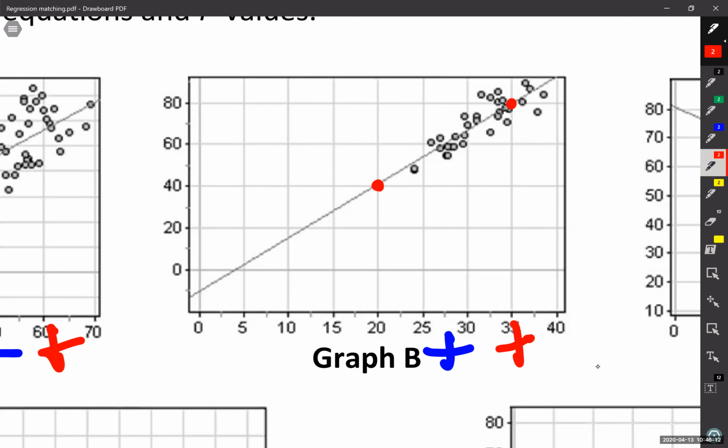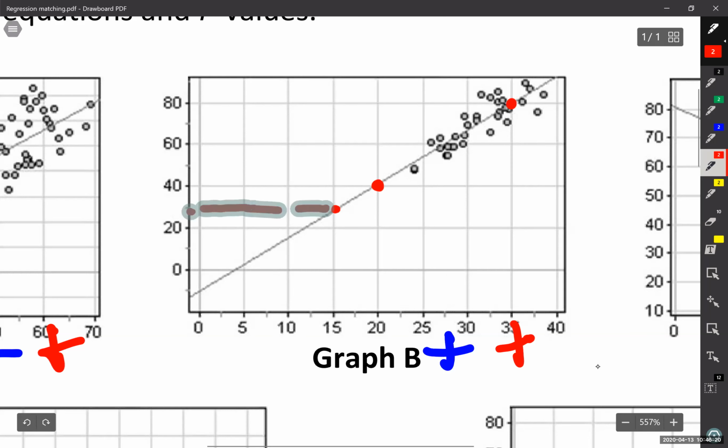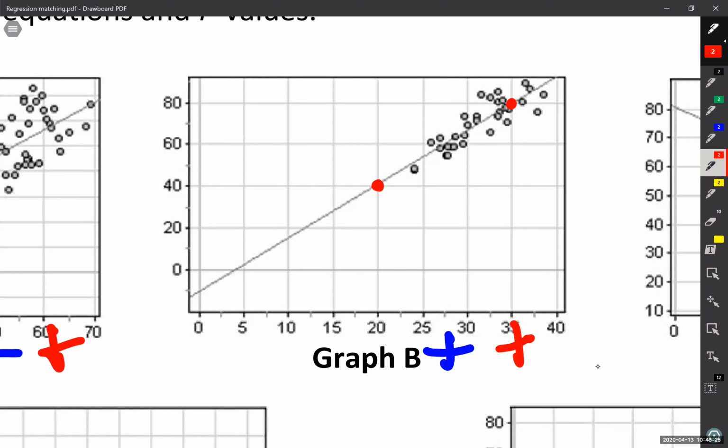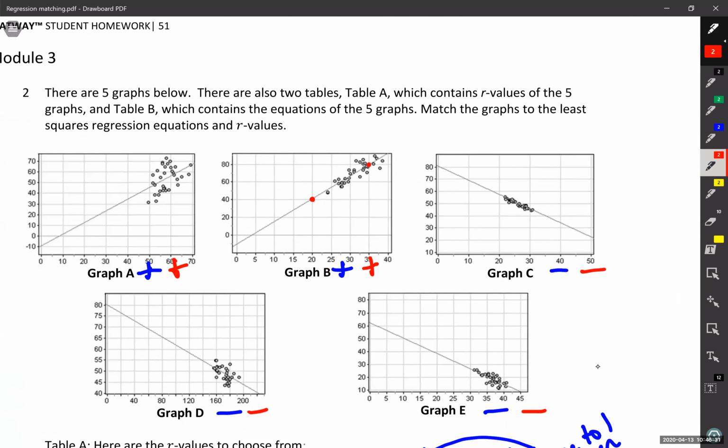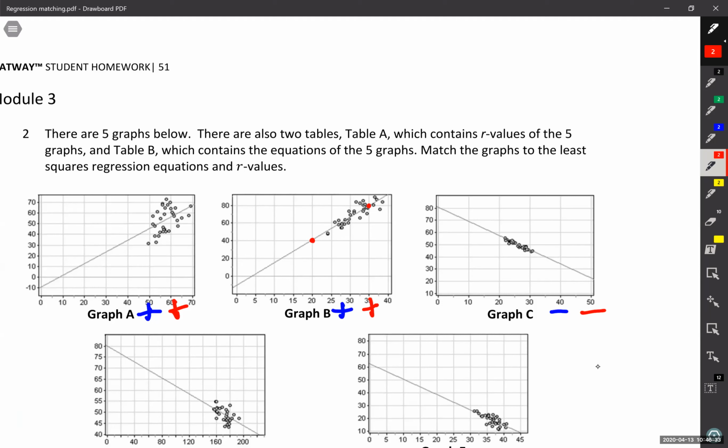Like this point, I don't know what that is. It's 15 something. Maybe it's 1530. I can't tell for certain. It could be 28, it could be 32. But this point right here looks pretty much like, I'm going to zoom back out, otherwise my writing is going to be ginormous. This looks like the point 2040.